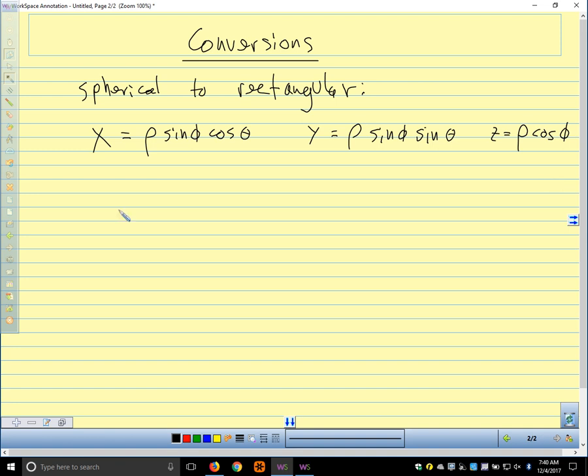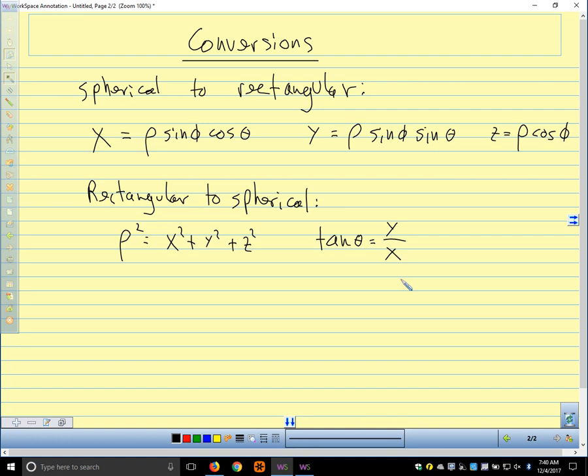We want to go the other way, rectangular to spherical. Rho squared is x squared plus y squared plus z squared. Tangent theta is y over x, just like in polar or cylindrical.